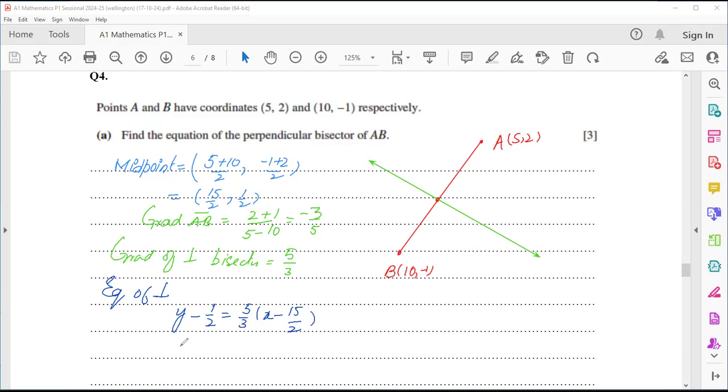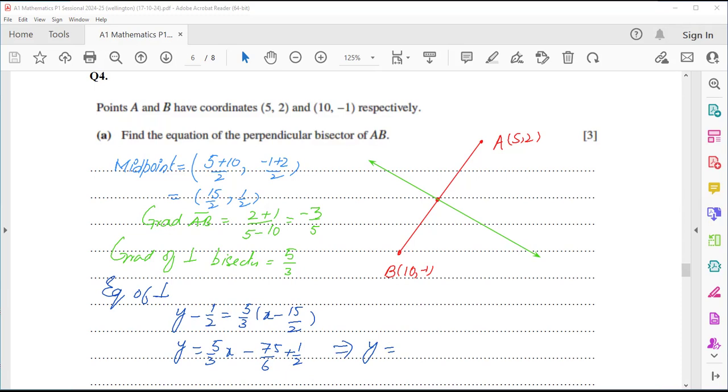So you have to expand the bracket. That becomes 5/3 x, and this 5/3 multiplied by 15/2 becomes 75/6. If I'm not wrong, this −1/2 becomes +1/2. You have to use the calculator a lot. So y is equal to 5/3 x minus 75/6 plus 1/2.